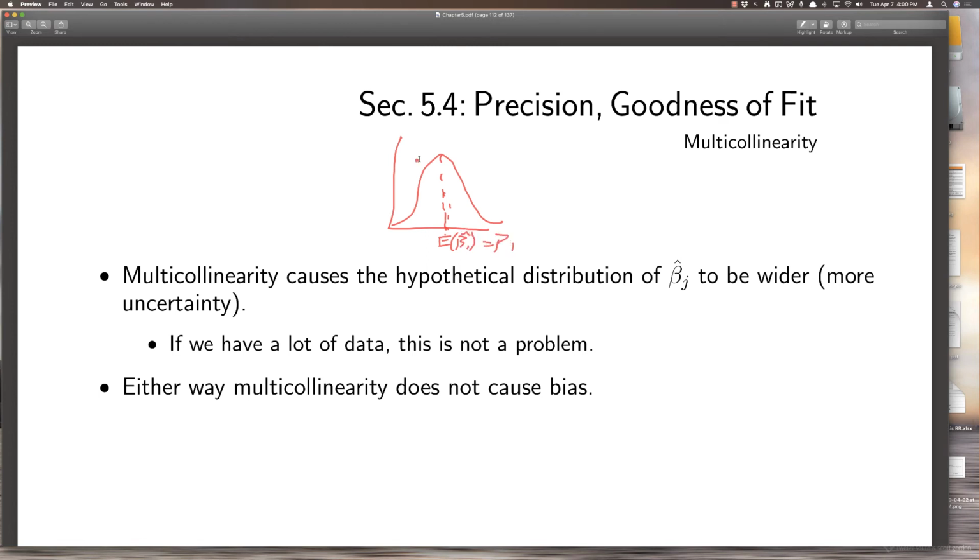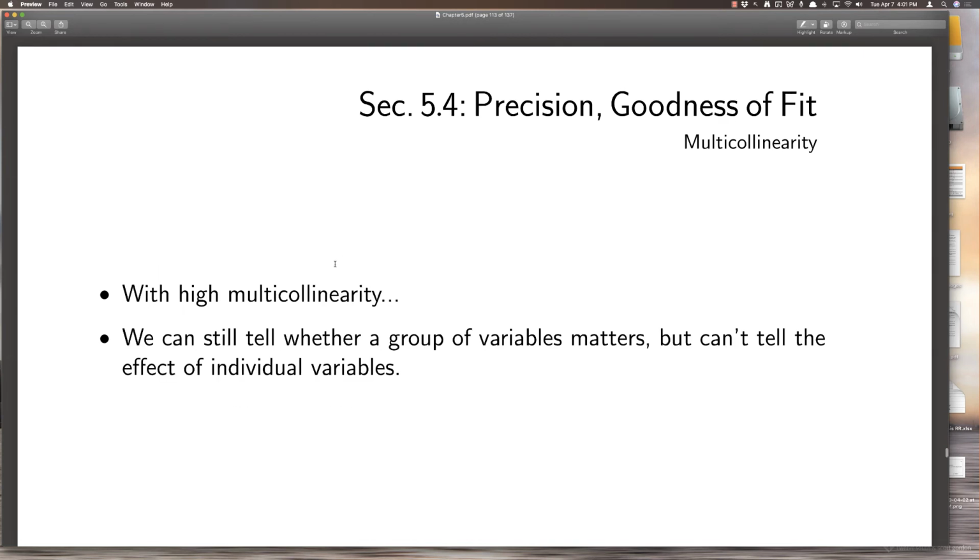What it does is it makes this wider than it otherwise would be, which makes it hard to reject the null hypothesis. So adding a lot of right-hand side variables for no good reason can cause you to lose statistical significance. So with high multicollinearity, you can have a problem.